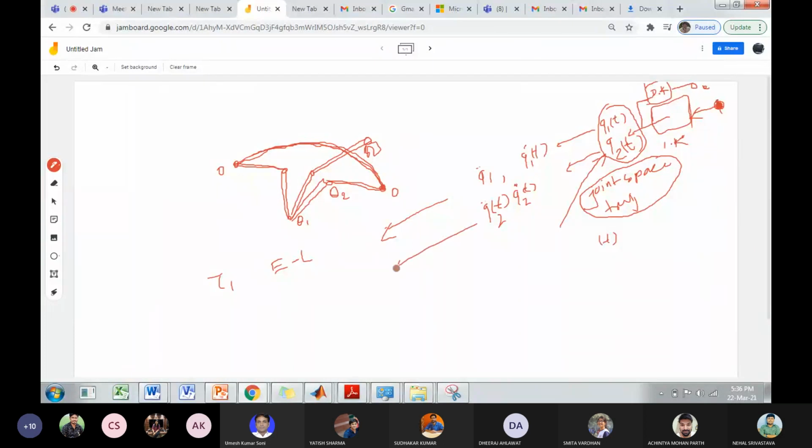Similarly, at joint 2, using the Euler-Lagrange equation, you can determine the required torque. Clear? So this is also a variation of the torque with respect to time.